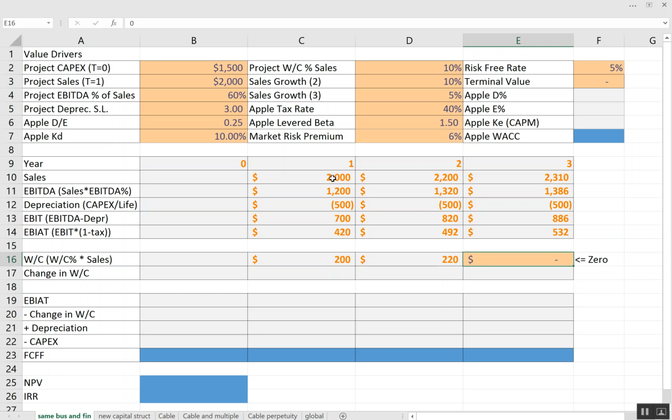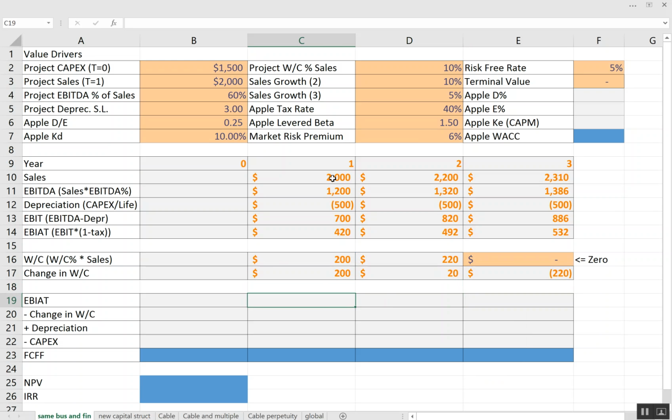And what you're going to do is make sure all the payables and receivables are paid off and then liquidate your inventory. So I'm going to say by the end of the 3rd year, working capital has to be 0. So I highlighted that in the assumptions. So the change in working capital is it's going to go up to 200 the first year, increase by 20, but in the third year, it's all going to be liquidated.